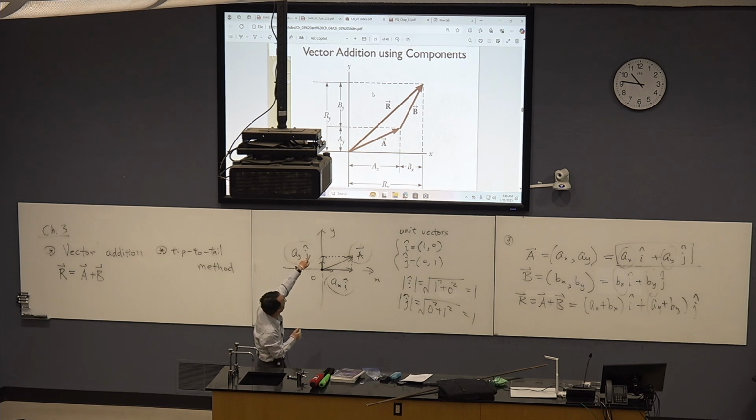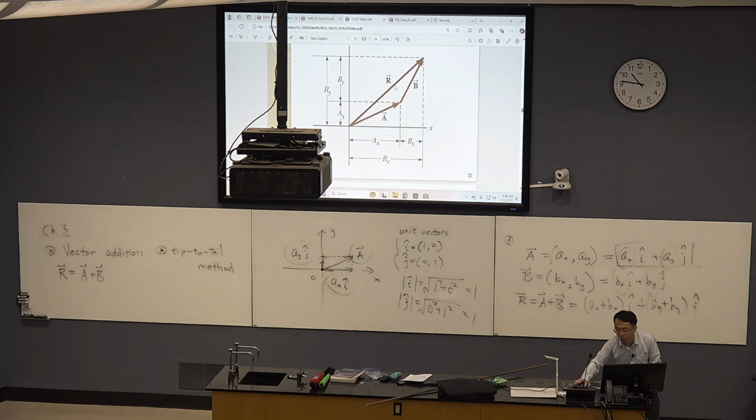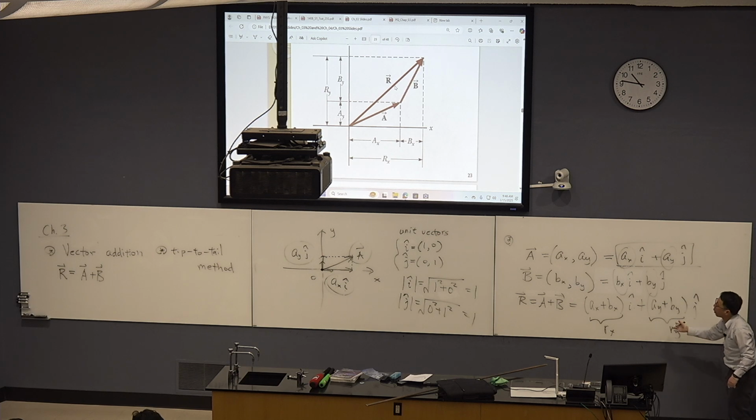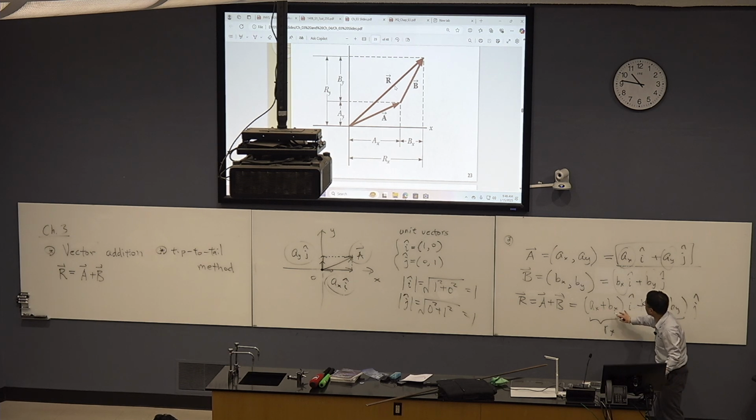The resultant vector also has two components. This part we can call Rx, and this part we can call Ry. Those are the two components of that resultant vector. So Rx equals Ax plus Bx, and Ry equals Ay plus By.